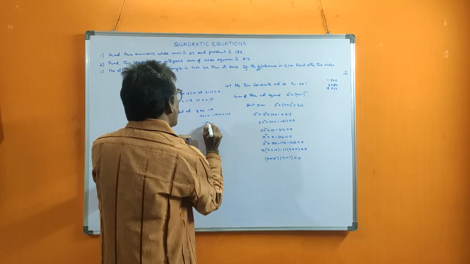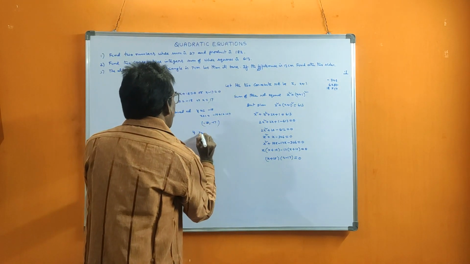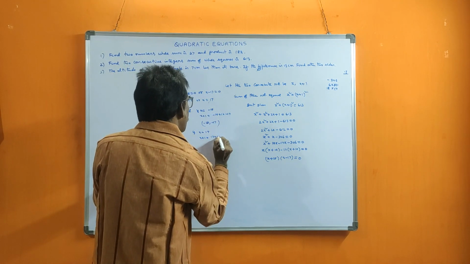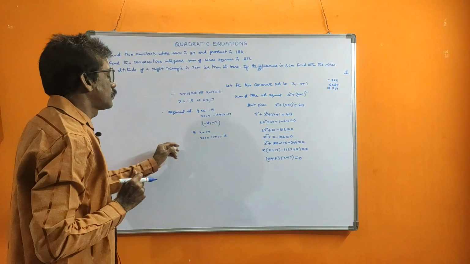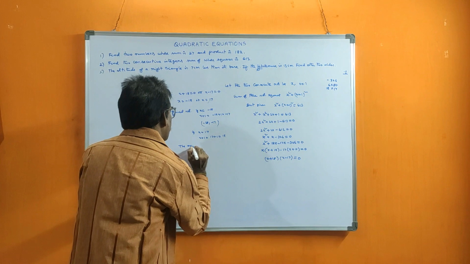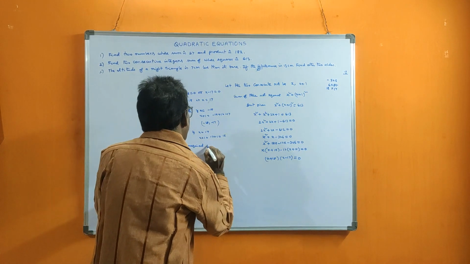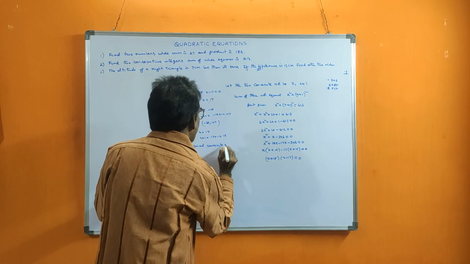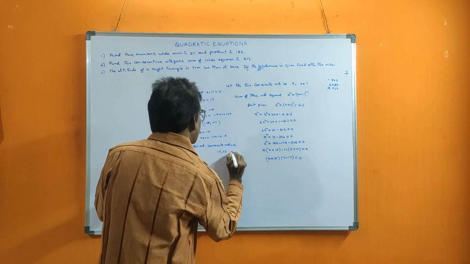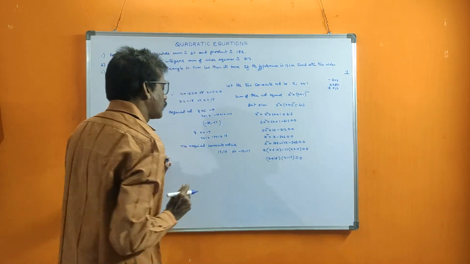So minus 18 and minus 17 is one set. If x is equal to 17, x plus 1 is 17 plus 1, 18. So the required consecutive numbers are 17, 18 one set or minus 18, minus 17 another set.